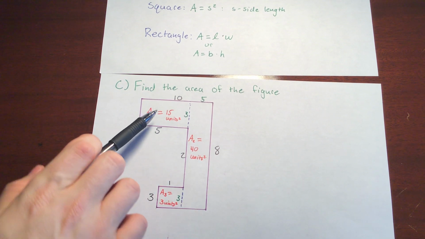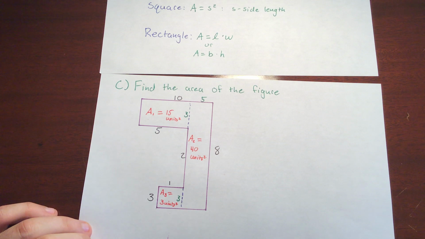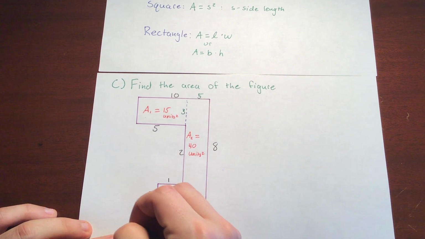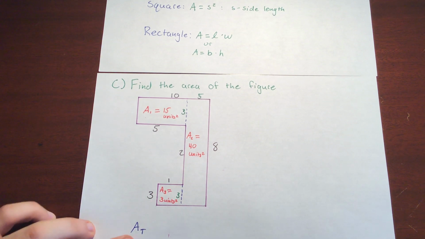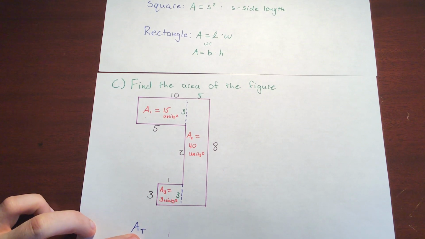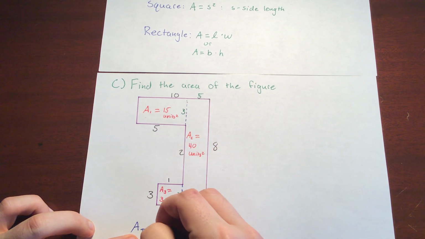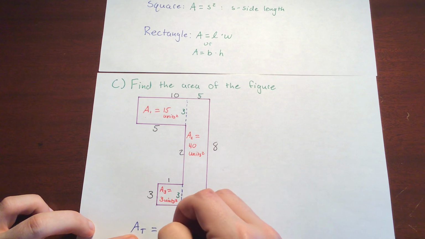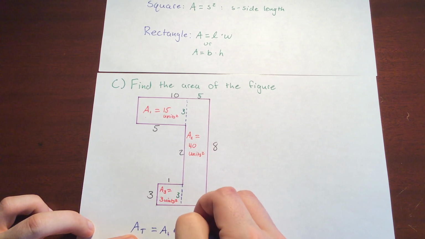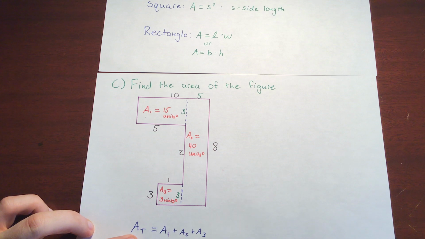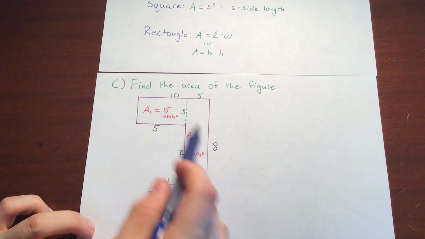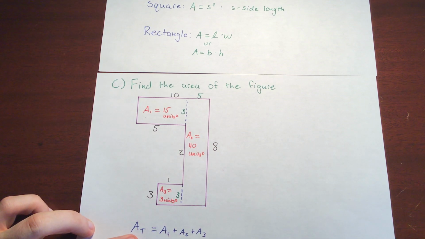Now that we have all of our rectangles, we're going to find the area of the total figure. In this case, the area of our total figure is all of our other areas added up. Our A1 plus our A2 plus our A3, the areas of 1, 2, and 3.